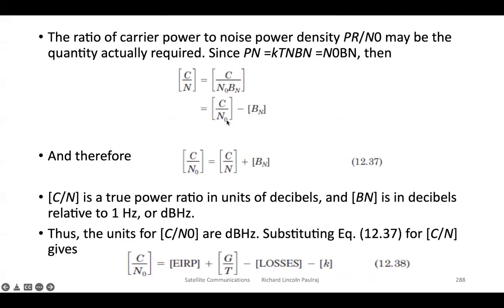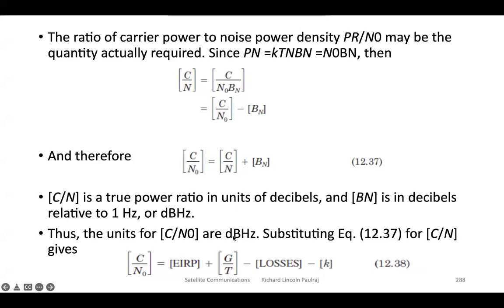So C by N naught minus Bn. Now remember all these are with respect to dB. C by N is a true power ratio in units of decibels, and Bn is in decibels relative to 1 hertz. Now you might even see N naught.